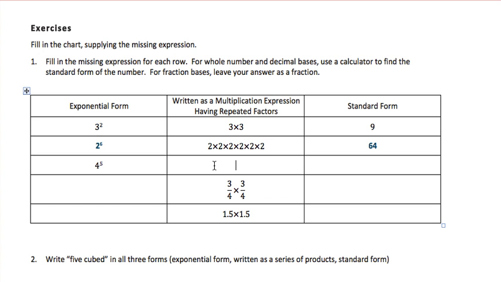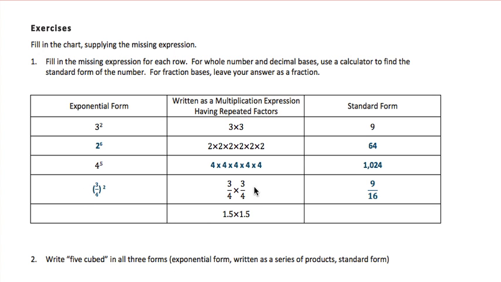In the third row, we have 4 to the 5th power. So we'll multiply 4 times itself 5 times. And 4 times itself 5 times is 1024. Then we have 3/4 times itself twice. So this will be 3/4 to the second power.